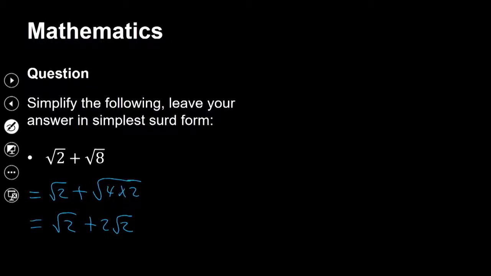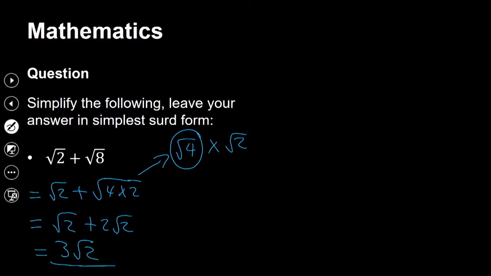I get the 2 from, remember, this is going to be the same as square root of 4 multiplied by square root of 2, right? And then square root of 4, you know that the answer is always 2. And 1 square root of 2 plus 2 square roots of 2 will give me 3 square roots of 2, and that will be my final answer there.